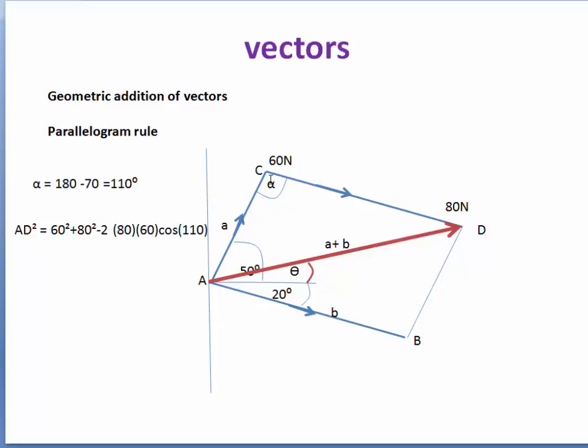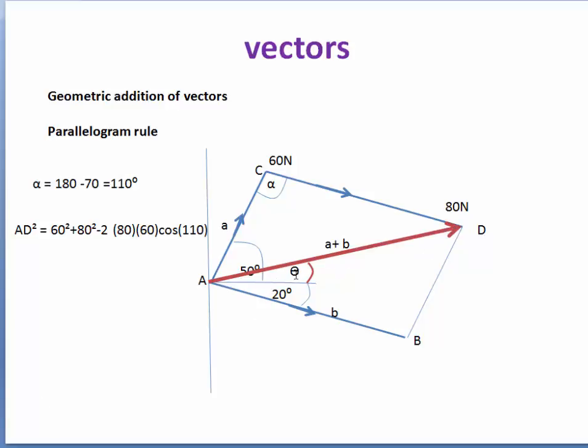Now that we've got this angle here as 110 degrees, and we've got two sides of a triangle, we can use the cosine rule to work out the resultant, which is the other side of the non-right angle triangle. Using the cosine rule, we get AD squared equals 60 squared plus 80 squared minus 2 times 80 times 60 cos of this angle, which is 110 degrees, and that gives us this resultant vector.